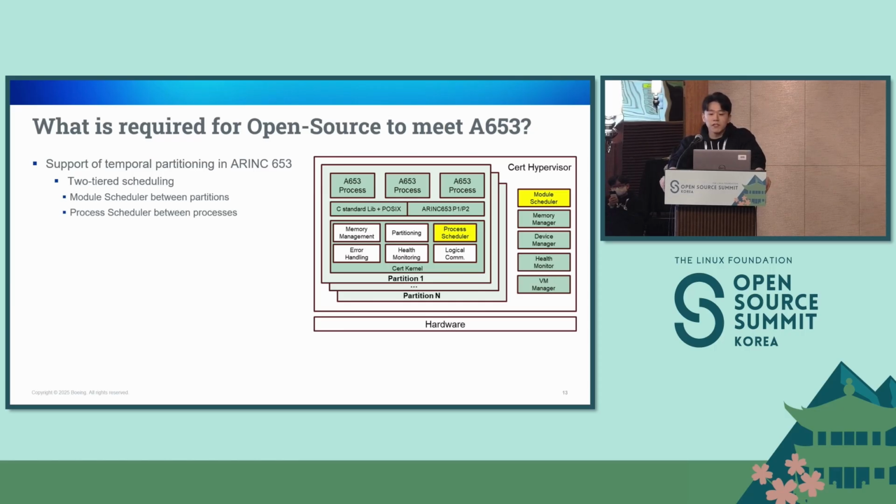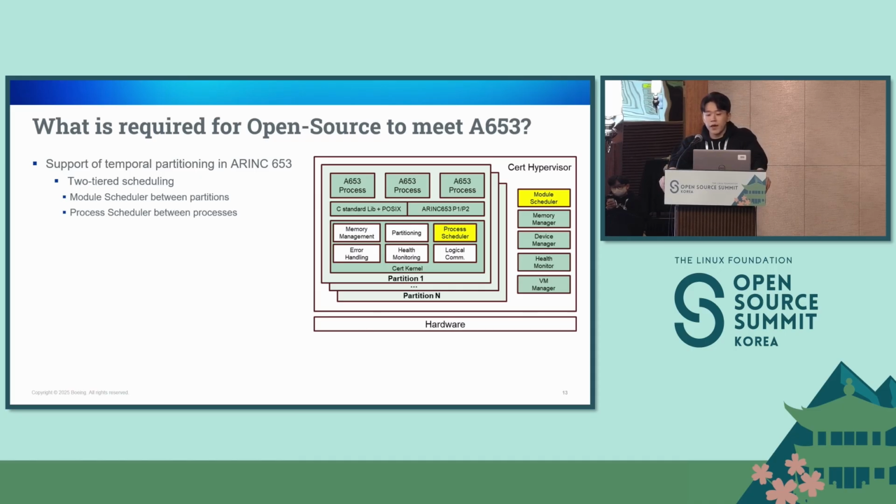Out of the requirements specified in ARINC 653, one of the major ones is temporal and spatial partitioning. In this presentation, I'll focus specifically on temporal partitioning. ARINC 653 defines a two-tiered scheduling approach to achieve deterministic scheduling.